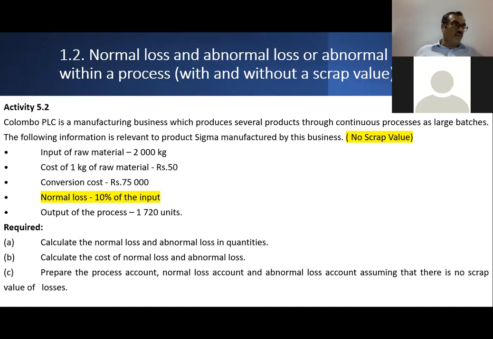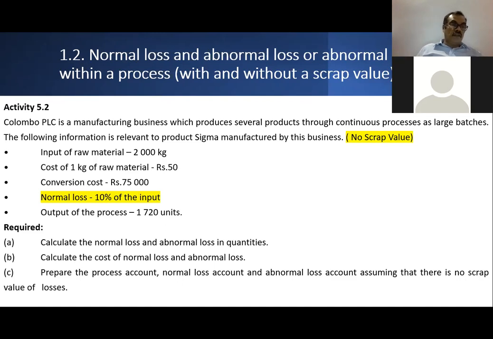Maybe broken rice can be sold as rice at a low price, or as an ingredient for animal food, or rice husks or bran can be used to produce something else. Therefore, those things have value. But if we assume that there is no value, there would not be any excess income coming from that. Therefore, the calculation would be easy.